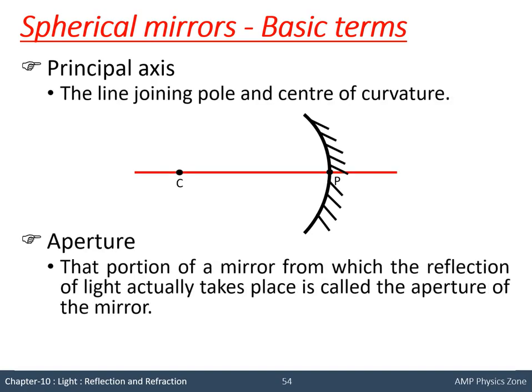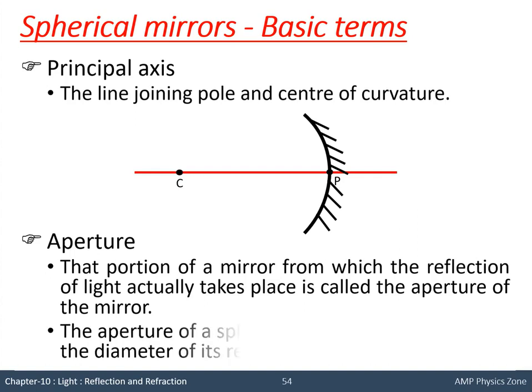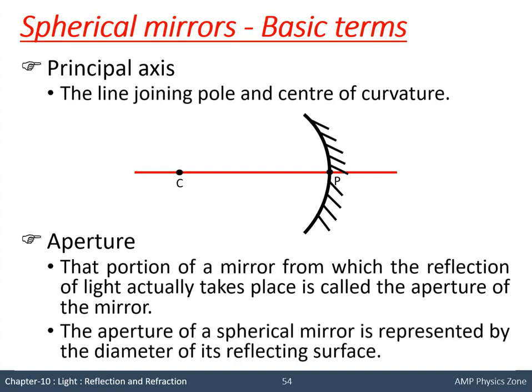Aperture. Now aperture is the portion of the mirror from which reflection of light actually takes place. The part of the mirror from which light gets reflected is called aperture. In our case, we will take aperture as the diameter of the reflecting surface.